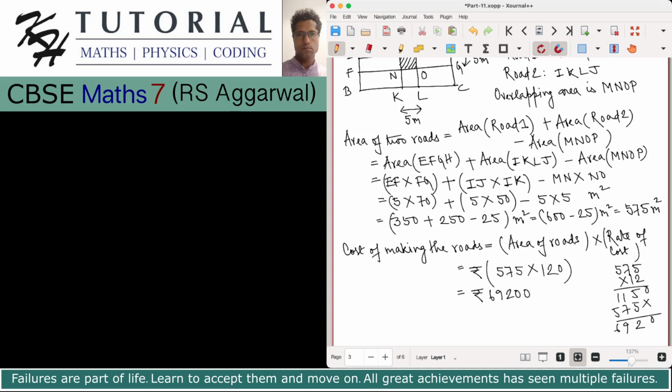Oh, okay. So this will be not 2, but this is 0. This is 0, okay, it is fine. 69,000 is the cost of making the two roads.